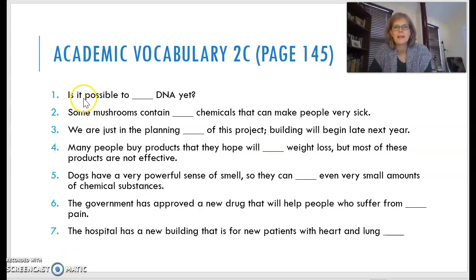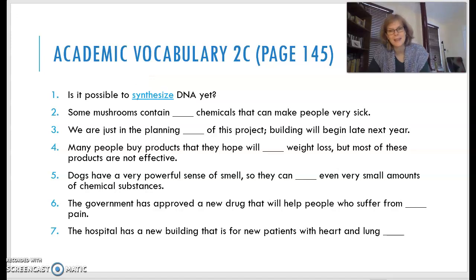Number 1 says, is it possible to blank DNA yet? So I know that after to, I'm going to use a verb, right? And I need to choose a verb here that I could use with this context, with DNA. Which verb from up in that box would you choose to talk about DNA?